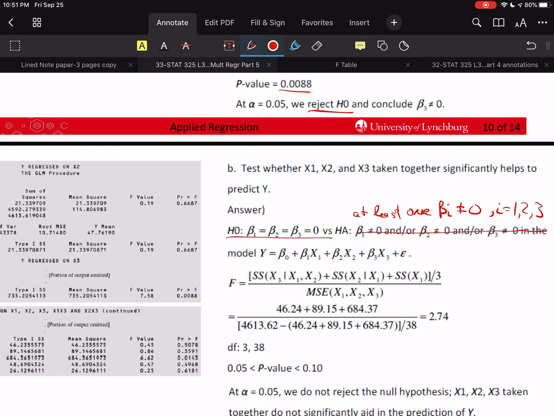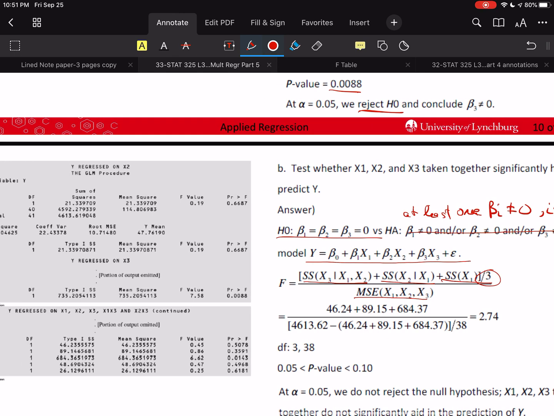Okay, and in this model, our F statistic is going to be SS of X3 given X2, X1, plus SS of X2 given X1, plus SS of X1. And there's 3 of them, so divided by 3 degrees of freedom, over the MSE with the full model.